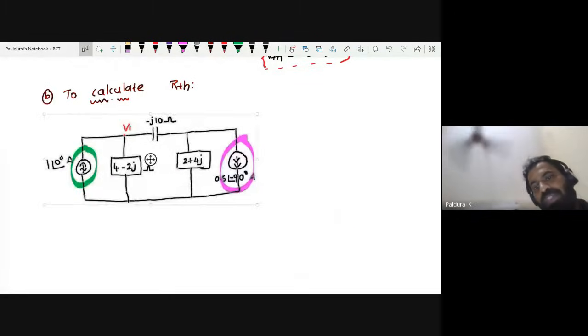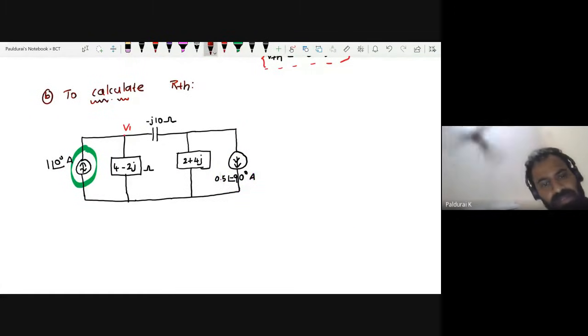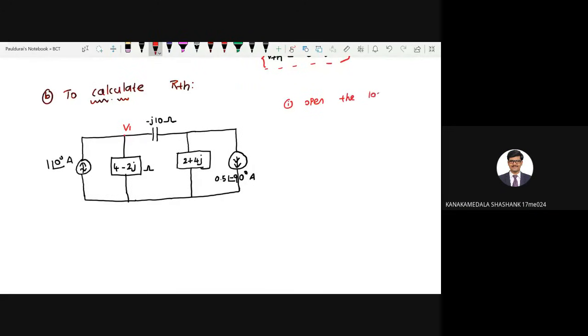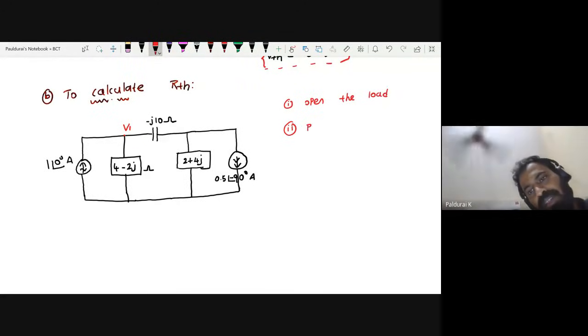So what is the procedure to calculate RTH? Independent sources will be replaced by their internal resistance. Yeah, very good. So replace voltage source by short circuit, current source by open circuit.